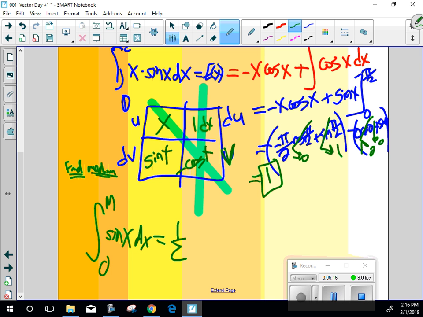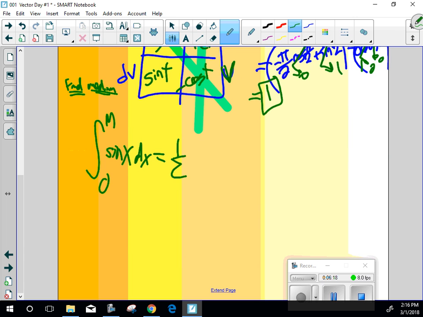So then all you have to do is anti of sine is negative cosine, going from 0 to m, should be equal to a half. You're going to get negative cosine of m minus negative cosine of 0 equals 1/2.